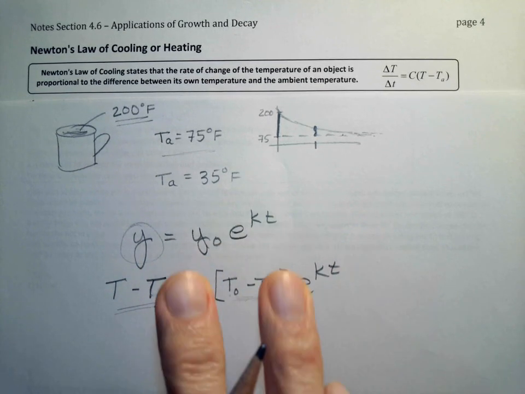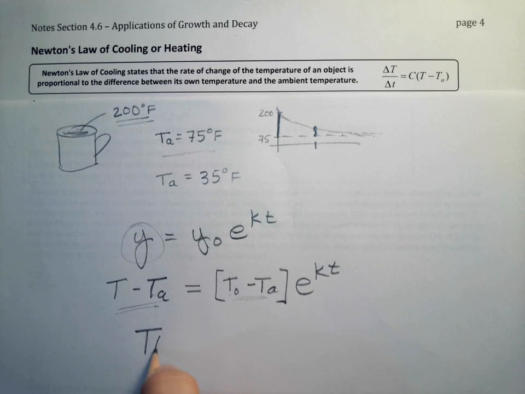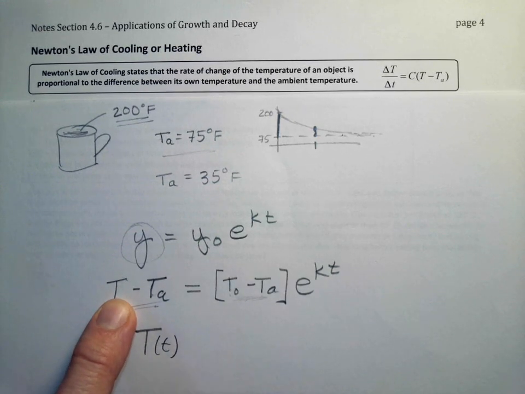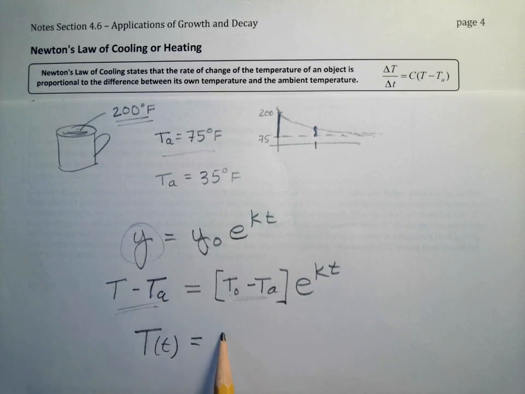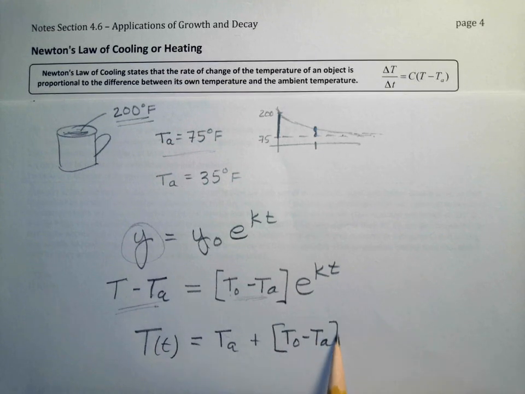Okay. Now you'll see when I reveal the formula here that we typically write this formula as T at some time. So instead of just T, we say the temperature at some time. So we think of that as the function, and that's equal to, we move the T ambient over to the other side, and so then it's T sub 0 minus T ambient, e to the kt.